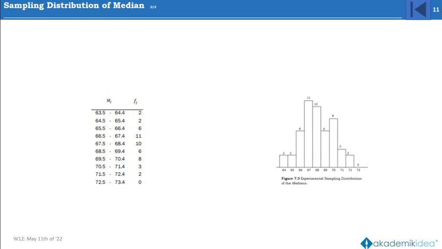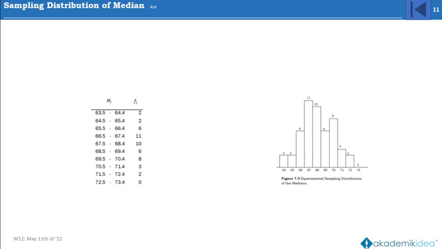The main objective of the preceding discussion was to introduce the concepts of experimental and theoretical sample distributions. These concepts are of fundamental importance in statistics, and they are by no means limited to the study of sample means.